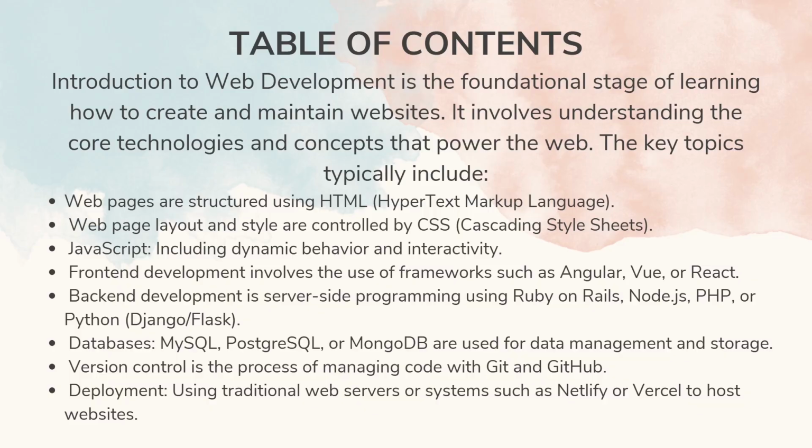Databases: MySQL, PostgreSQL, MongoDB are used for data management and storage. Version control is the process of managing code with Git and GitHub. Deployment is using traditional web servers or systems such as Netlify or Vercel to host websites.